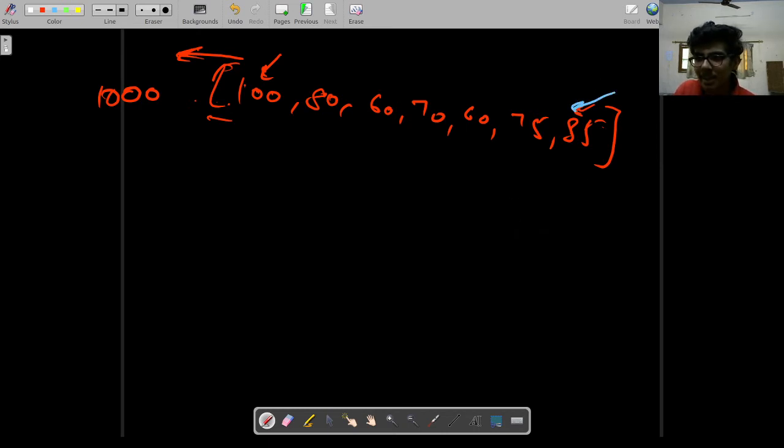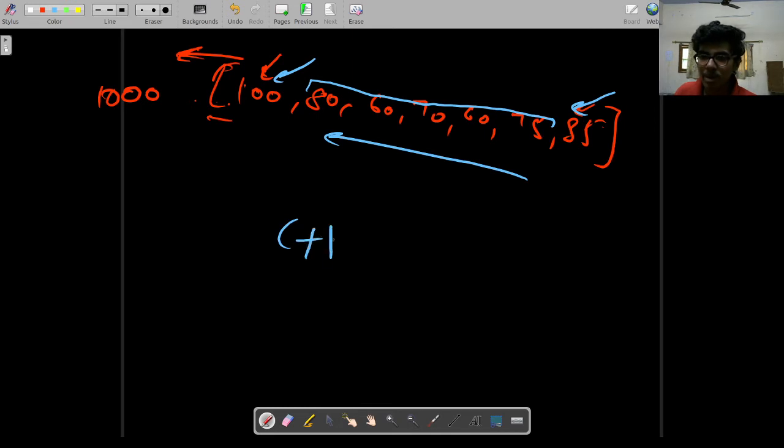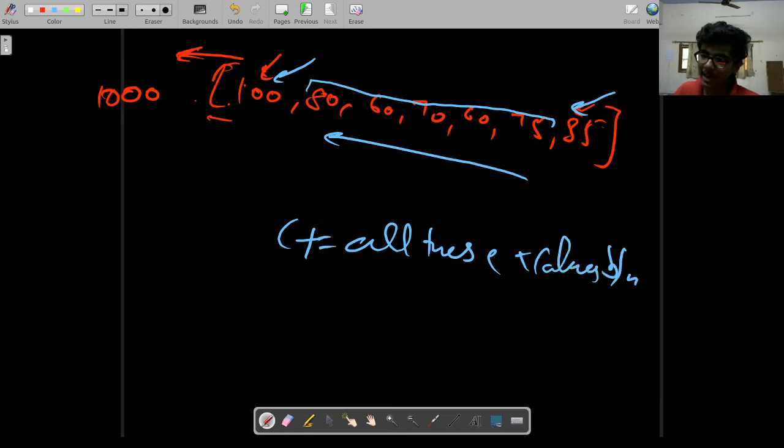When I am taking this 85, I see that only 100 is a bigger value, greater than 85, and which is present to the left of it. Therefore all the values that are present in between them are going to be present in the count. So count plus equals all these values between 85 and 100.